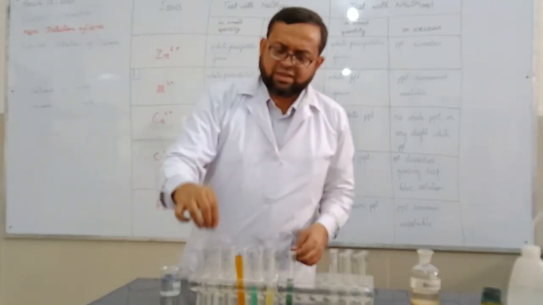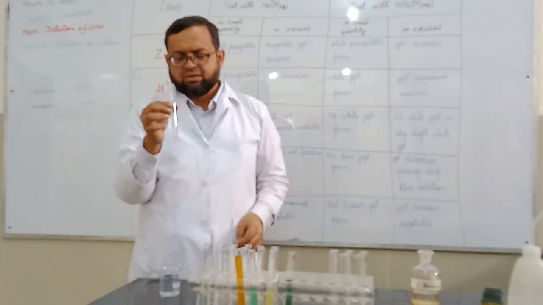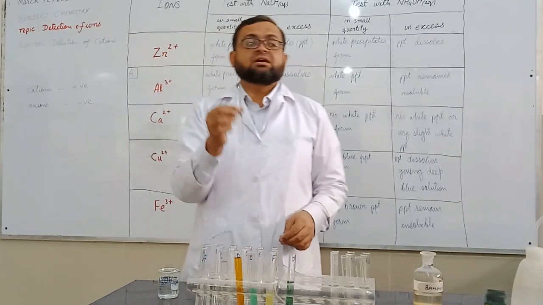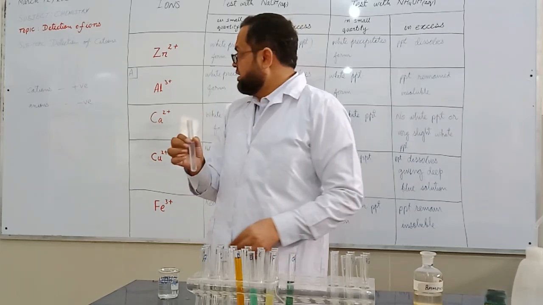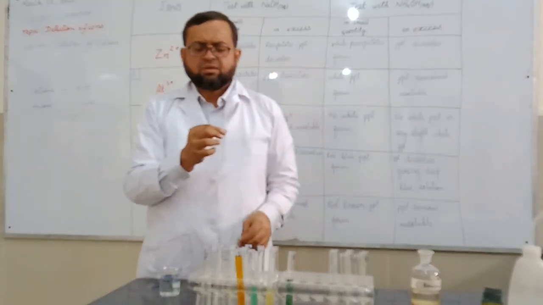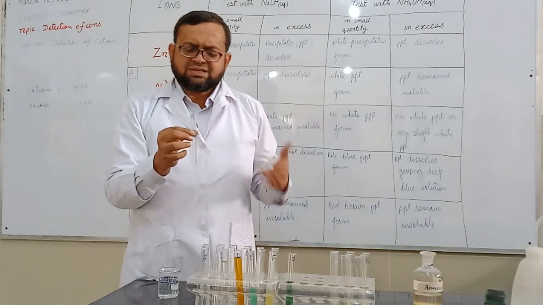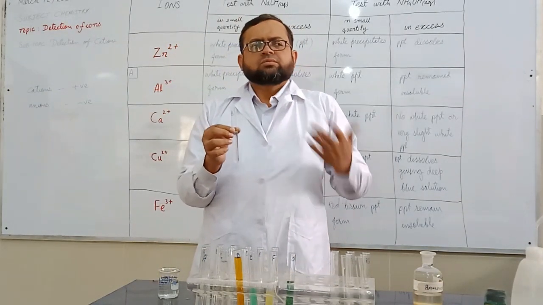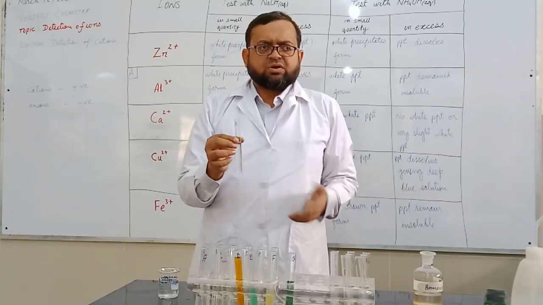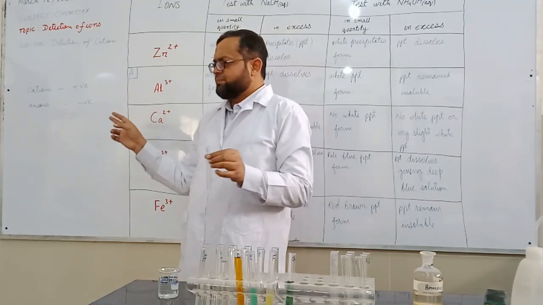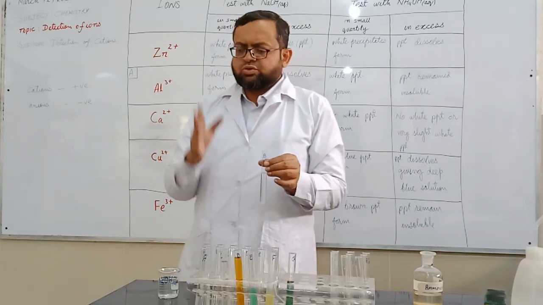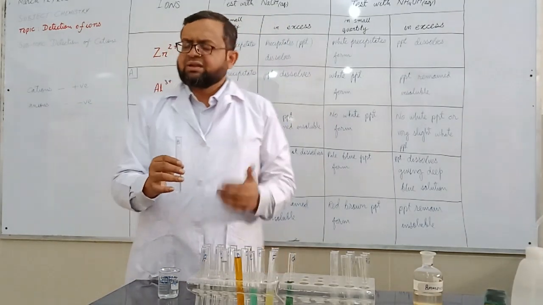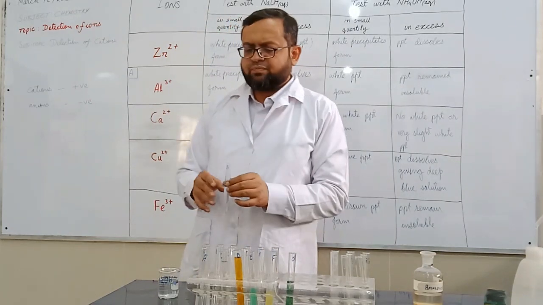Now, another solution is B. Again, we have to check whether it contains aluminum ion, zinc ion, or calcium. These are the unknown samples. You shouldn't think that aluminum may not be present just because we found aluminum in A. If you have an unknown sample, you should consider all three ions.